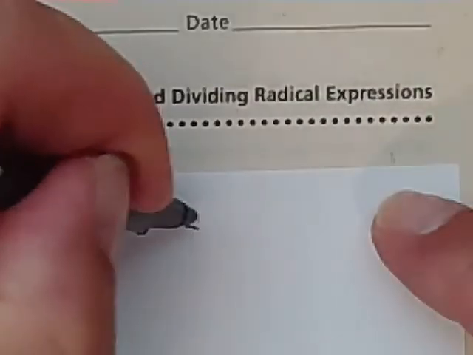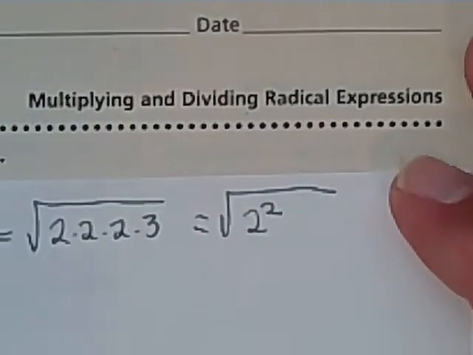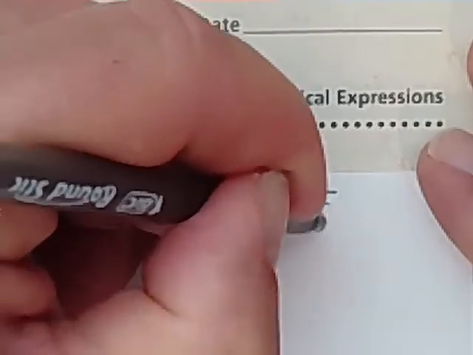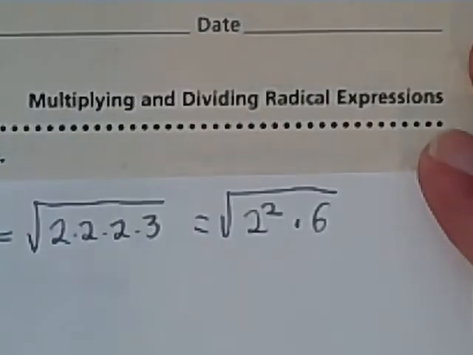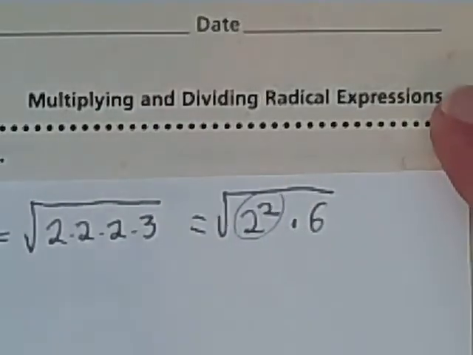That is the square root of 2 squared times 6. I guess I would write it that way. I can pull the 2 squared out of the radical sign.